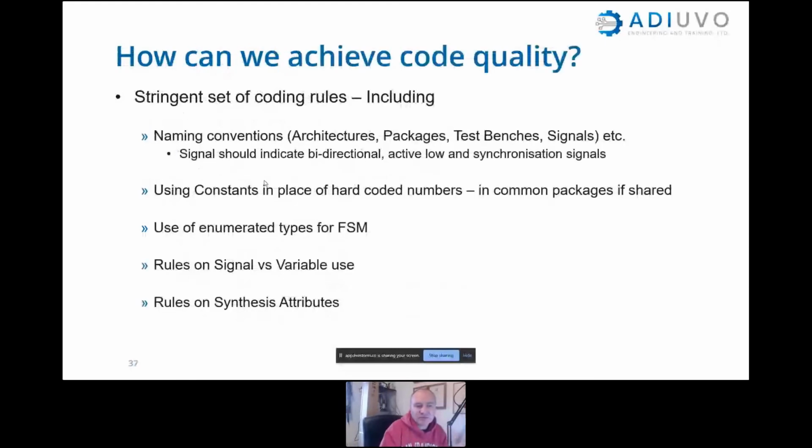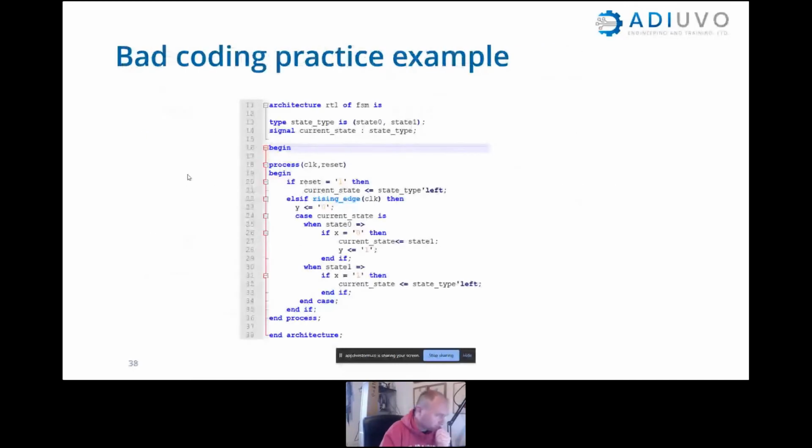Now, to achieve code quality, we should have some standard coding rules, and these include making sure that we've got naming conventions, enumerated types for FSMs, rules on signals and variables, and rules on attributes. We can look at bad coding examples. For instance, in this example we've got a state type, and it's being reset and defined by the state type'left, so it's defined by this state here.